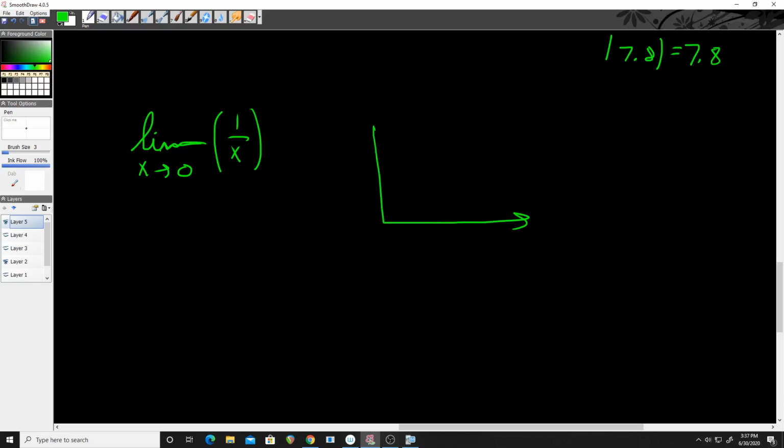So, this function, sorry about the horrible axes there. If I plot it, it looks like this. This is the reciprocal function. Hopefully it's familiar from pre-cal.